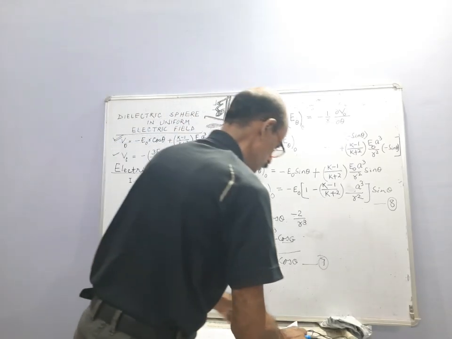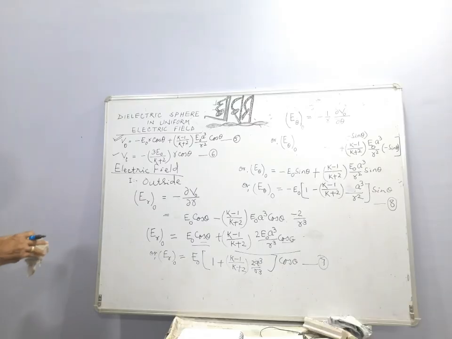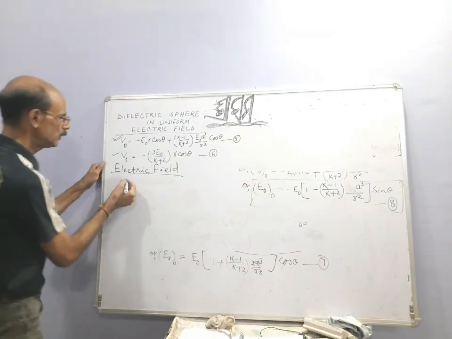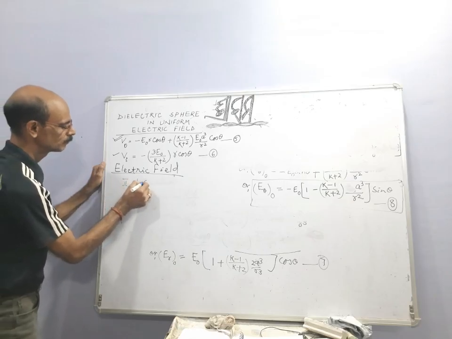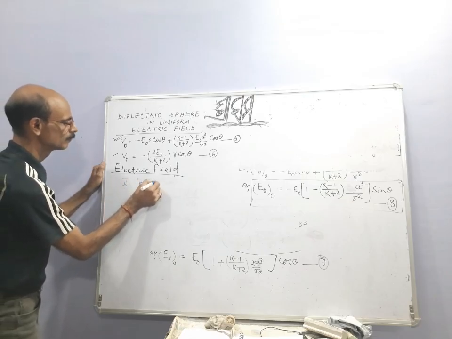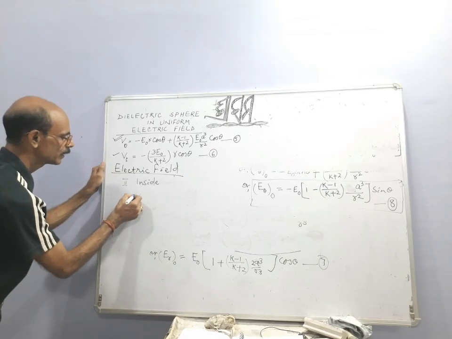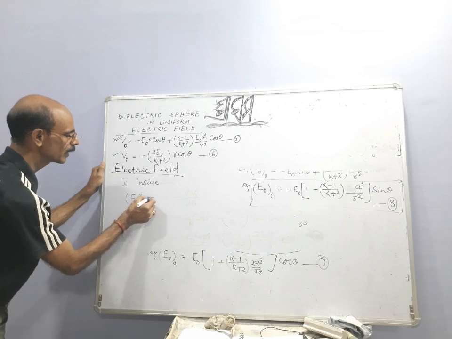Now let us derive it for inside. Inside the sphere, here we will write E_r, for inside, let me write i.